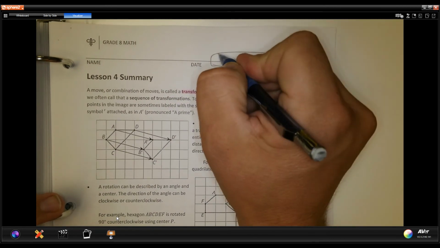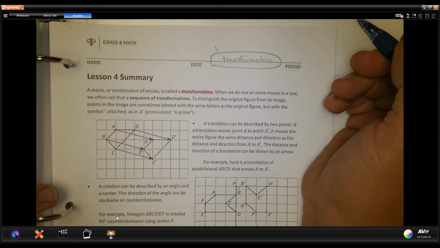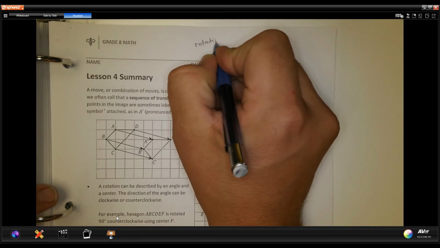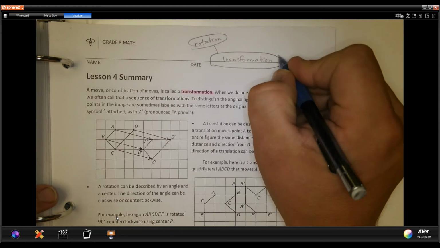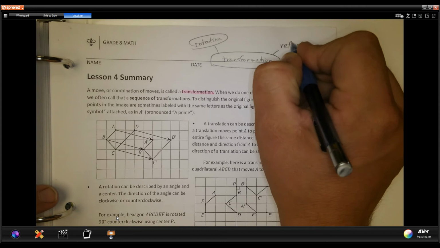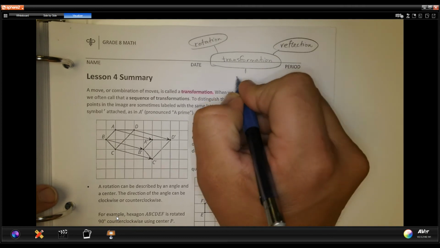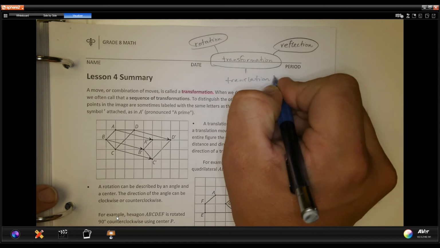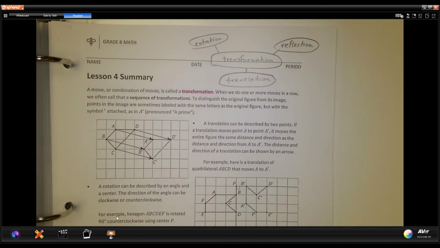Off of that main topic, we have specific evidences or key pieces such as rotation, reflection, and translation. These are the tools or the moves that we use to support transformation.